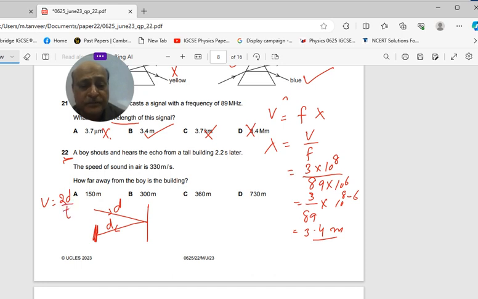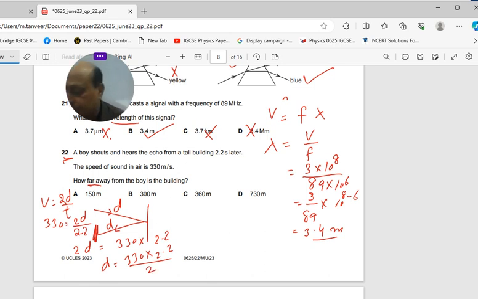Now everything is given in the question. 2.2 seconds later, the speed of sound is given. You have to find the distance. 330, 2d, time is 2.2. So you will multiply 2d equal to 330 multiplied by 2.2, or d equal to 330 multiplied by 2.2 divided by 2.